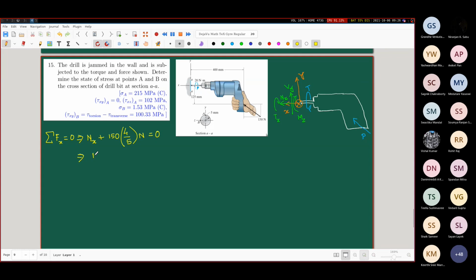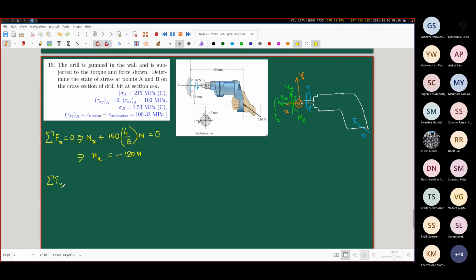So Nx is coming out to be how much? Minus 120 Newton. So we have taken the sense of Nx to be this left hand side. It is coming out with a negative sign, meaning that the actual real force Nx will be in the negative x direction. Remember that. That will have an important consequence later on in terms of whether the normal stresses due to Nx will be tensile or compressive.